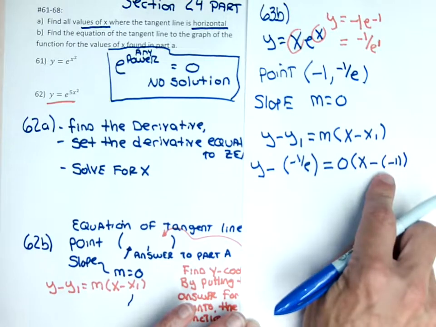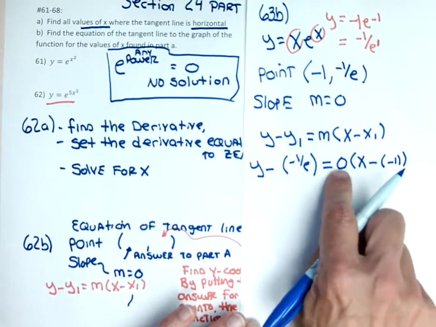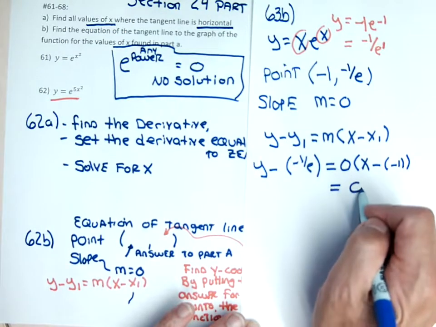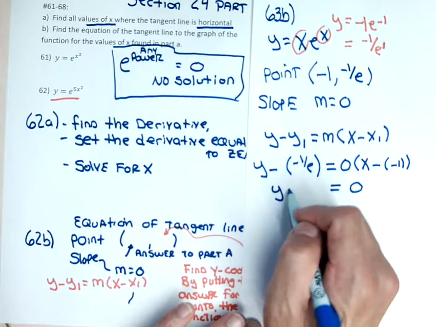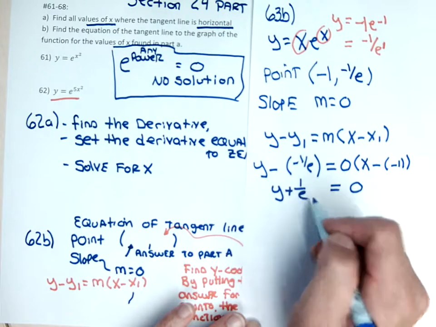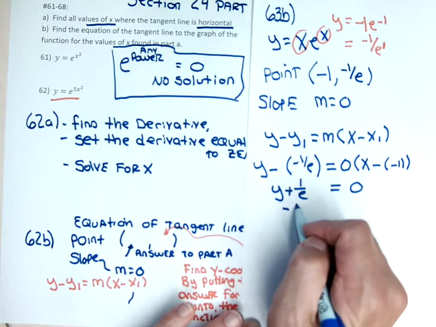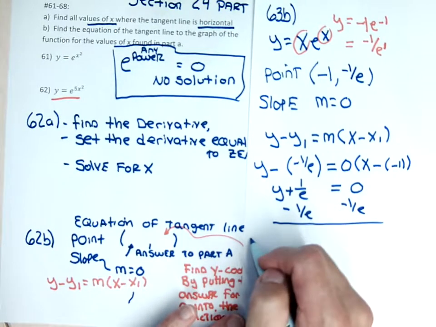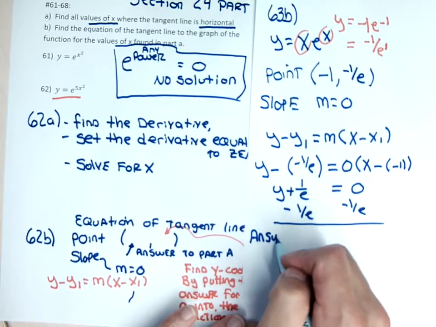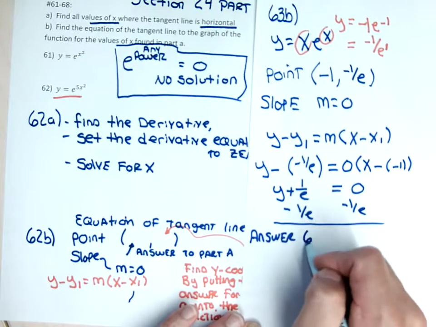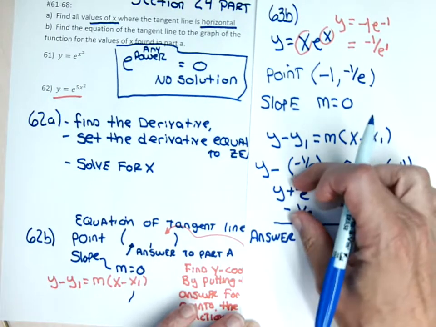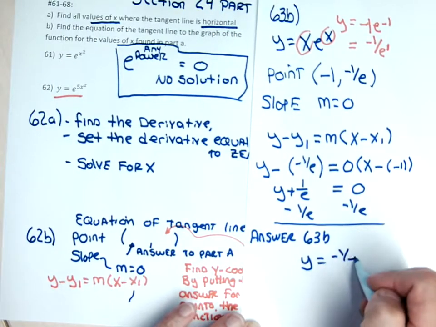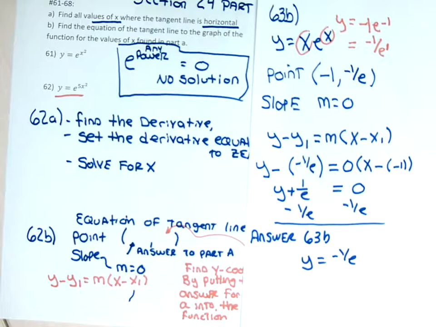That double negative would turn positive, but it hardly matters, because on the right-hand side, I'm multiplying 0 by a parentheses, and that whole thing will simplify to 0. The left-hand side, I'm going to make the double negative positive, and then I'm going to minus 1 over e from both sides. I'm going to get my answer to 63b. On the left-hand side, I made everything cancel but the y, and on the right-hand side, that simplifies to -1 over e.